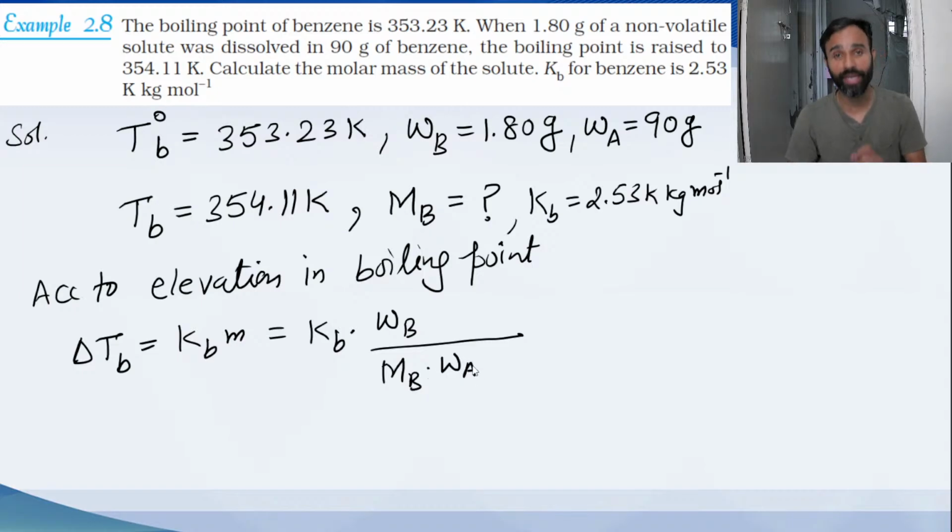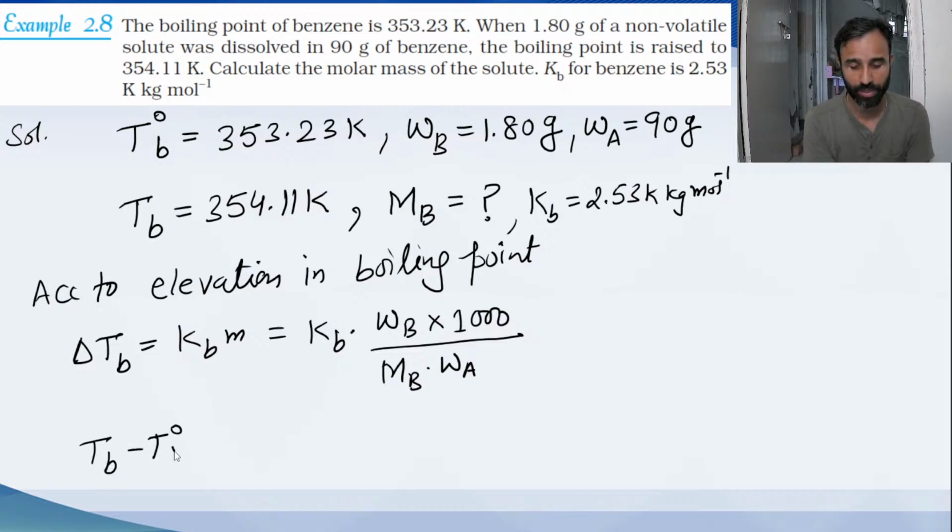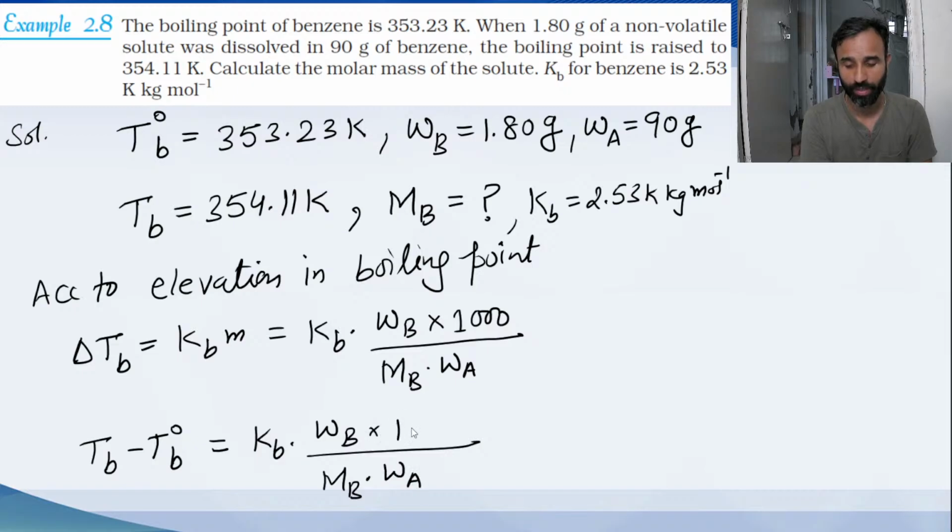WA is given in grams, so it should be multiplied by 1000. That is the formula. So delta TB, you know what is delta TB? It is TB minus T naught B, into KB, WB upon MB into WA into 1000.